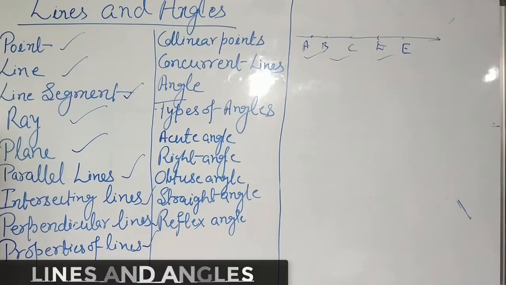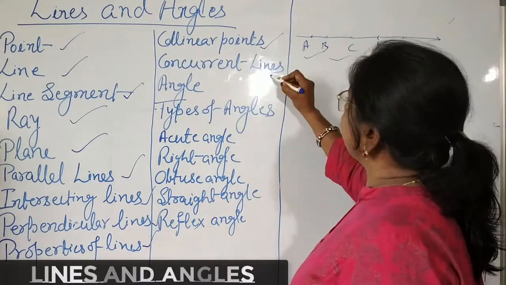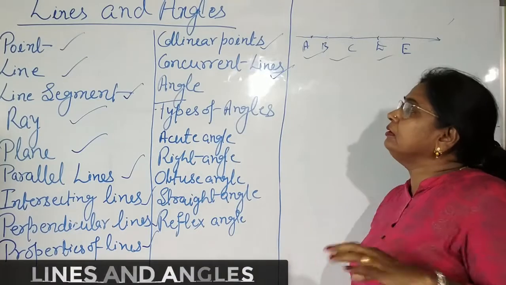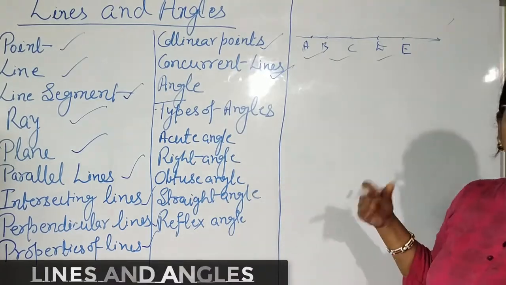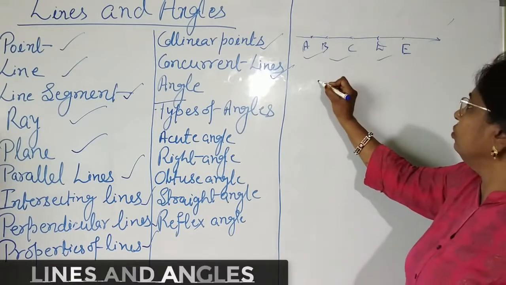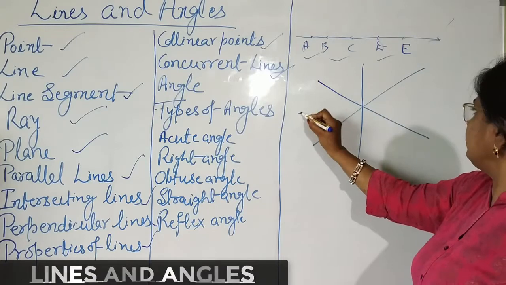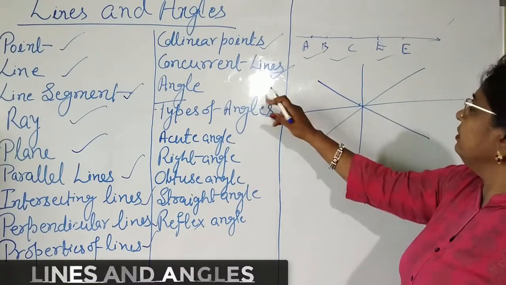Next, concurrent lines. Two or more lines that pass through a single point are called concurrent lines.